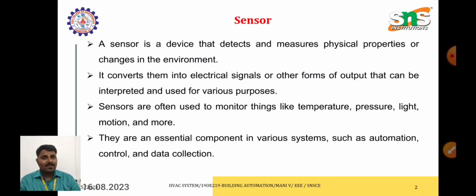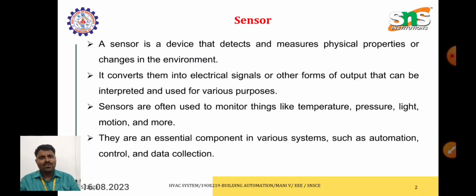A sensor is a device which is used to measure a physical property. Like I want to measure a temperature, a pressure, a light energy, a motion, something.